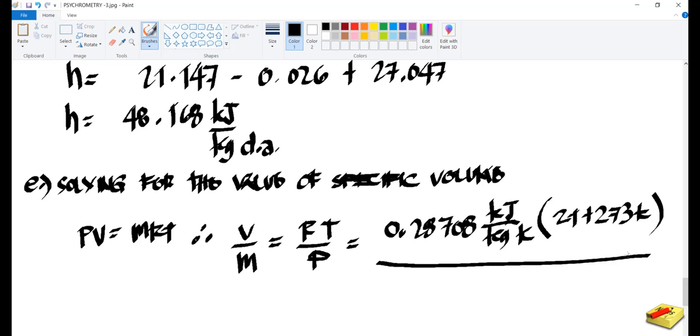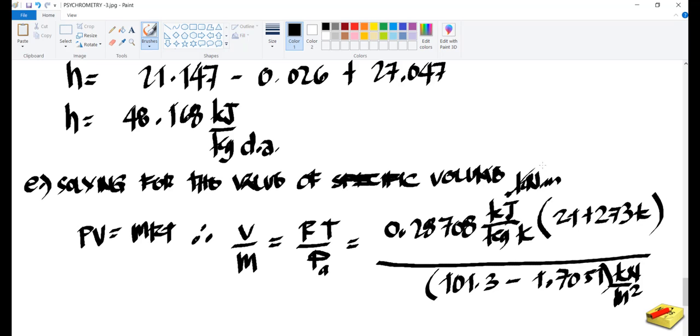the pressure, which is we call it the pressure of the dry air. So this is the dry air. So we have 101.3 minus 1.051, which is the partial pressure of vapor. So this is kilonewton per square meter. Okay, so this is kilonewton meter.